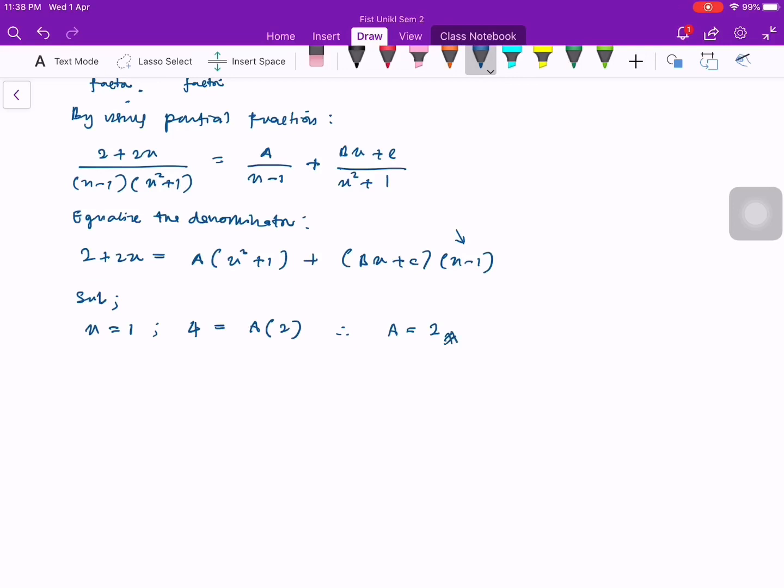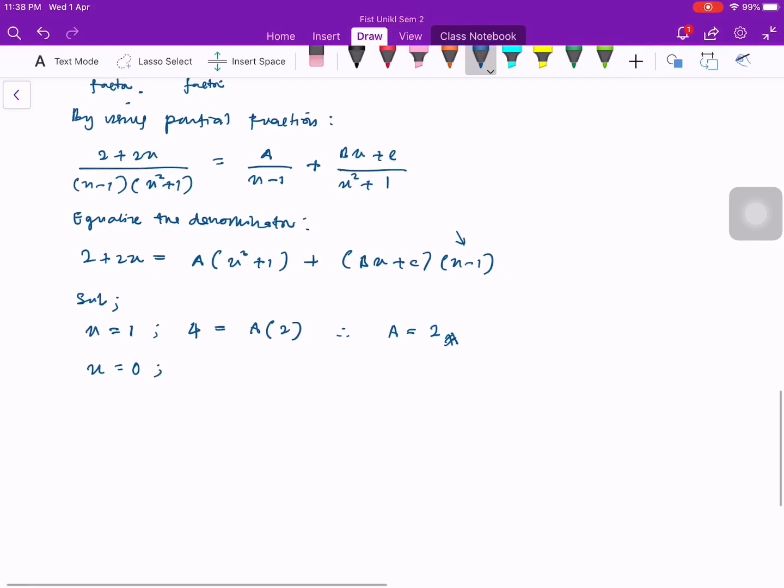Then I proceed with the second one. Now I already have the value of a, and I'm looking for b and c. The second one is I'm going to substitute x equals 0. Because I already have the value of a, if I substitute 0 for x, then b is cancelled, therefore I can find c.